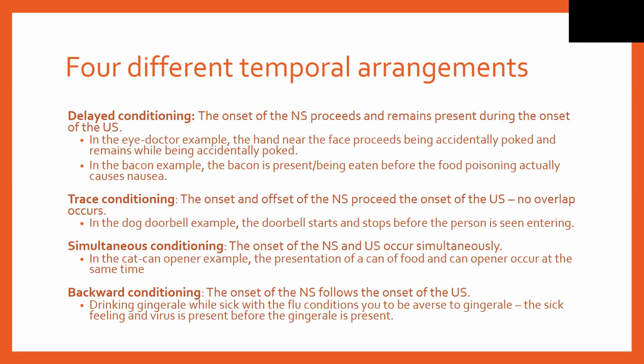The unconditioned stimulus has already been present, you've already been exposed to the bacteria, and you're already sick. Then the drinking of ginger ale, which is a neutral stimulus in this example, comes afterwards. You're drinking it because you're sick and not feeling well. Since the ginger ale neutral stimulus is paired with being sick, it gets conditioned. So this would be backward conditioning.